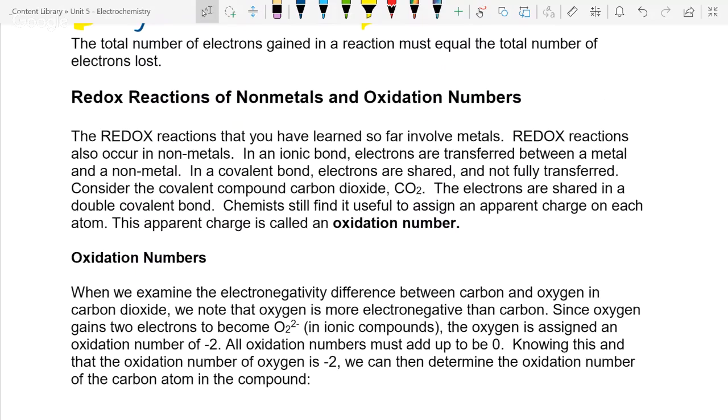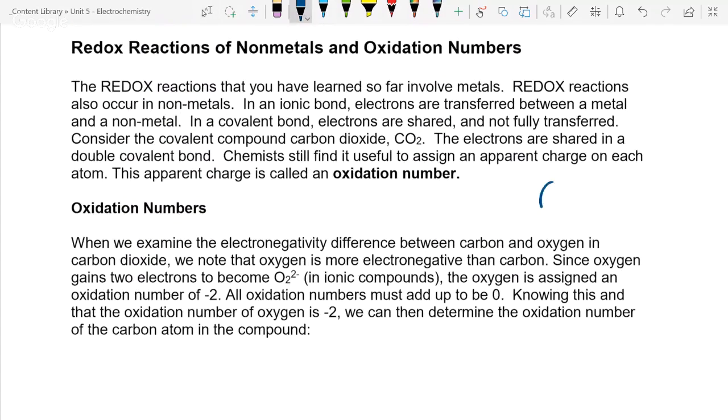So if you consider, for example, carbon dioxide, the electrons are shared in a double covalent bond. So we would say we have carbon there and oxygen here. In this case, carbon doesn't have those electrons full time. Oxygen doesn't have those electrons full time. They share them.